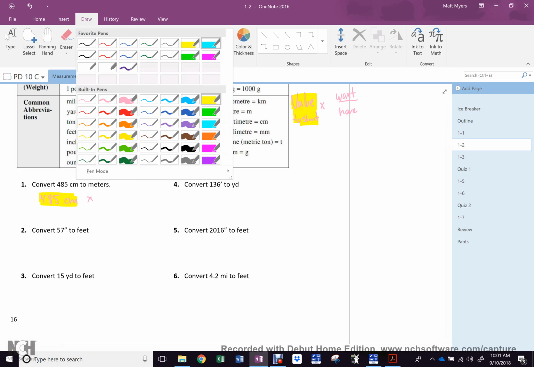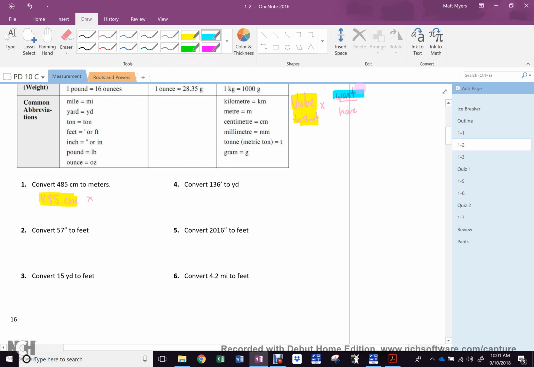And you have then the value you want. What value do I want to get to? Meters. So I put meters on the numerator, and I will highlight it blue to remind you of what I am doing. Then I have what I have in the denominator. What do I have? I have centimeters.